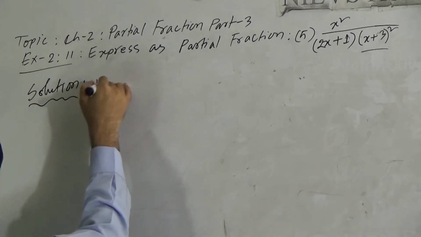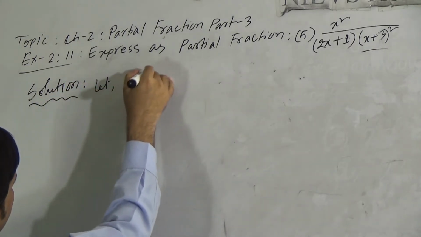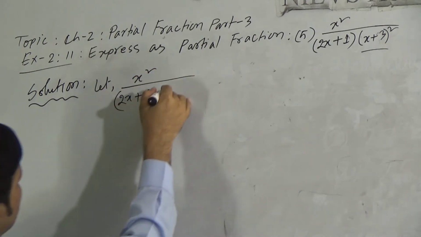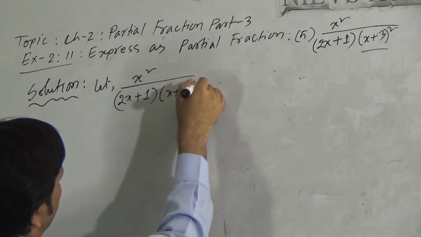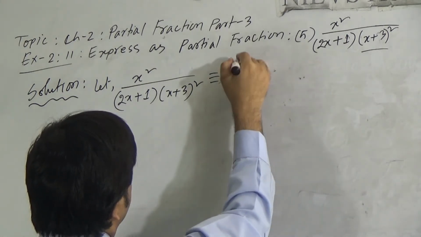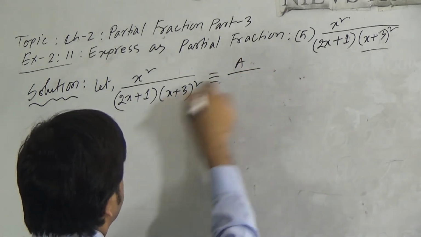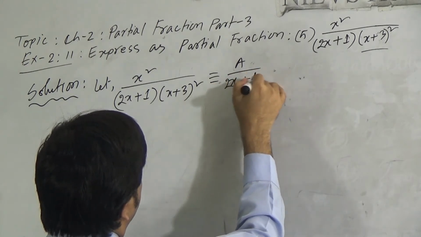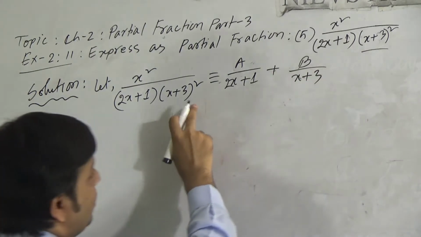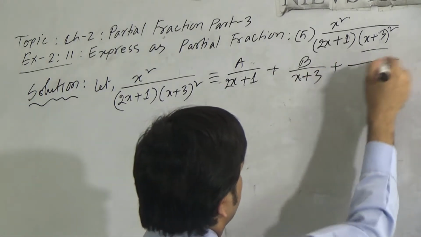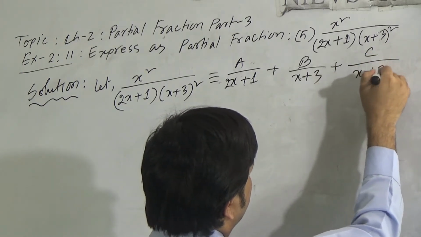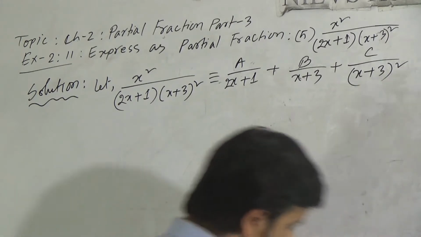we can write here x square by 2x plus 1 into x plus 3 whole square. So we can express this as sum of three fractions in this way. A by, we are taking the first factor 2x plus 1, and then b by, take the second factor without square, without repetition, and take the third fraction, that is c by, here this factor will be repeated for the repetition.